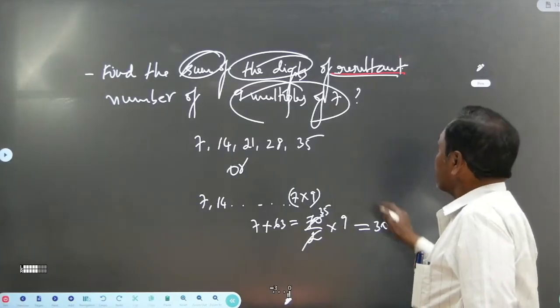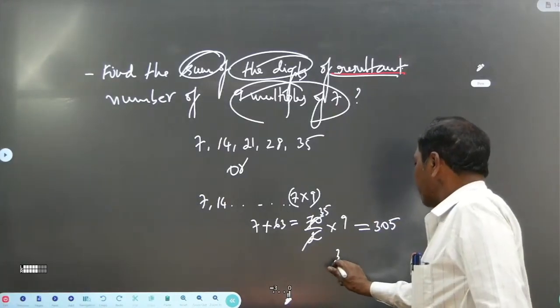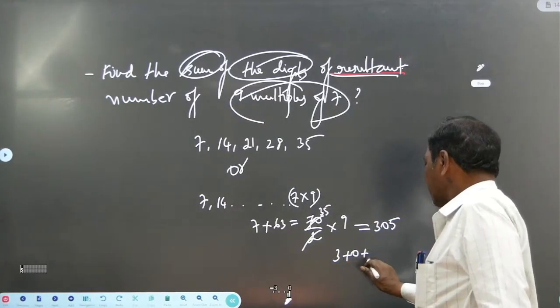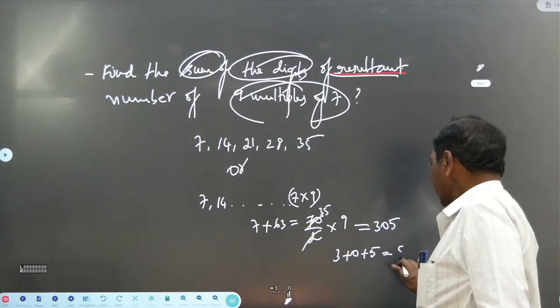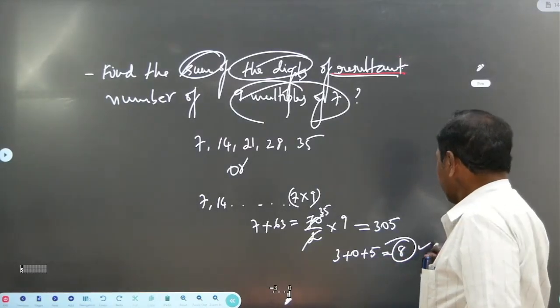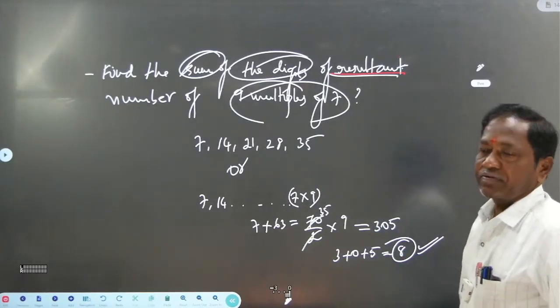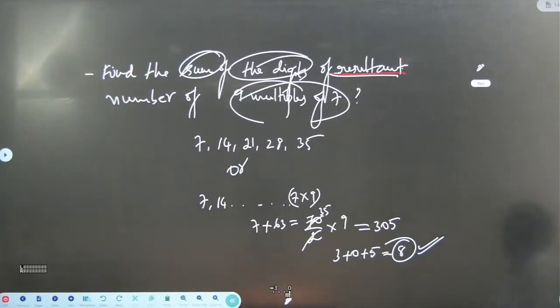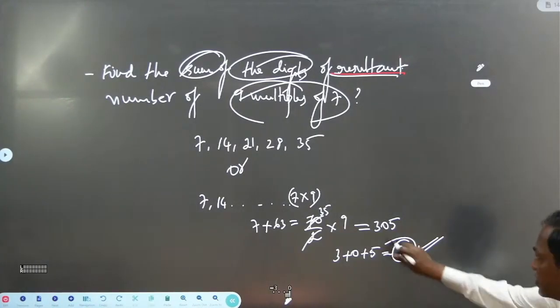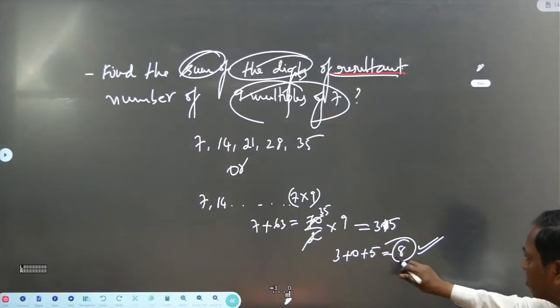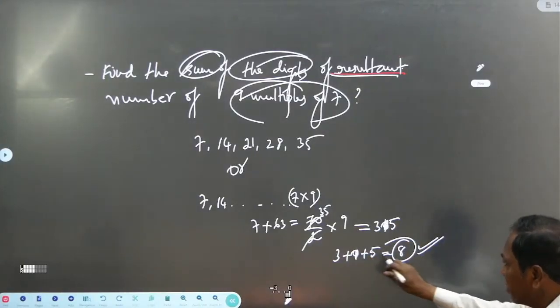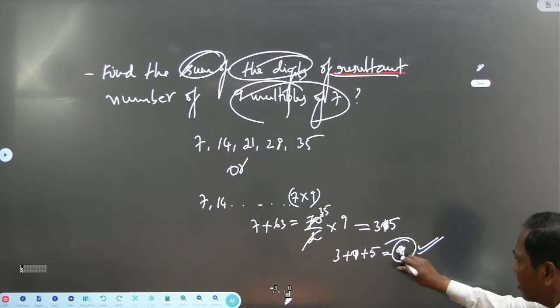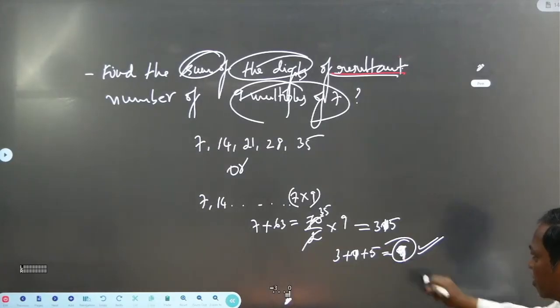That is the sum of the digits now: 3 plus 1 plus 5 is 9.